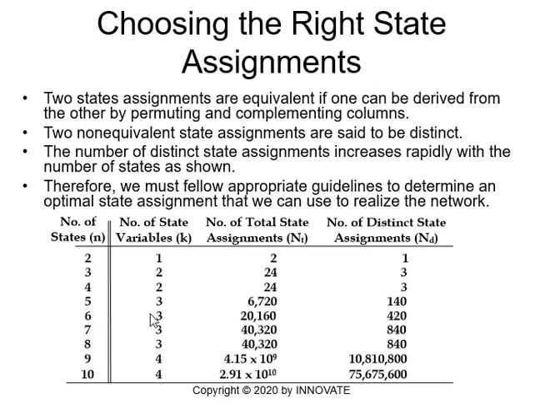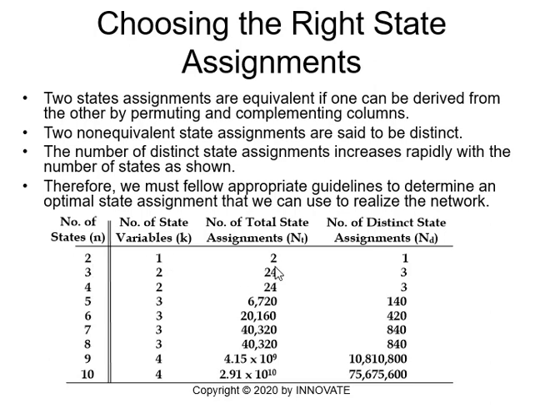The number of distinct state assignments increases rapidly with the number of states as shown in this table. Therefore, we must follow appropriate guidelines to determine an optimal state assignment that we can use to realize the network. This table shows that for 2 states, I need 1 flip-flop, so k equals 1.